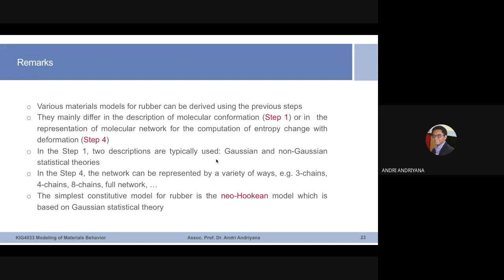One of the simplest concept models for rubber is the Neo-Hookean model, which is based on Gaussian statistical theory. This is the model that I'm going to describe in the next slide. It is the simplest mathematical model to describe the stress-strain response of rubber materials.